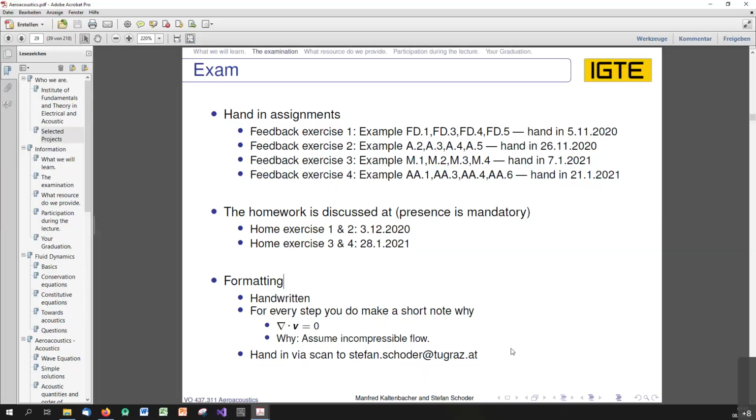That's basically the submission. I will grade your submission, and then we will discuss the submissions at these dates.